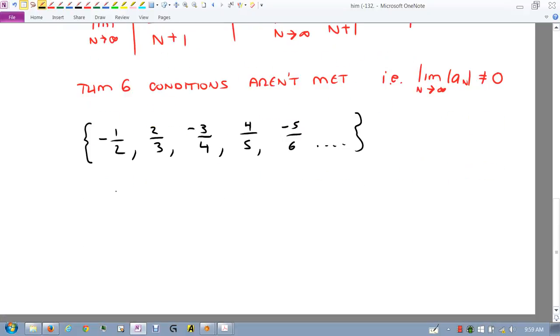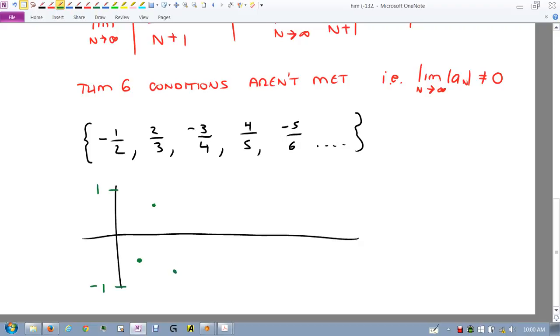If we were to draw this out, it would look like this. Let's say this is -1 right here, and this is +1. First one would be -1/2. The next one would be +2/3. The next one would be -3/4. The next one would be +4/5.